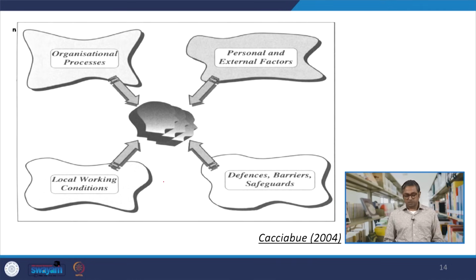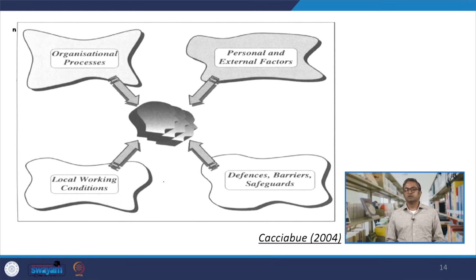Now what we see here: personal and external factors are there. Intrinsic, extrinsic factors, some indirect, some direct. The organizational setting, where the pilot or the person is working. Local working conditions: is he being provided with resources? Is he being provided with support?